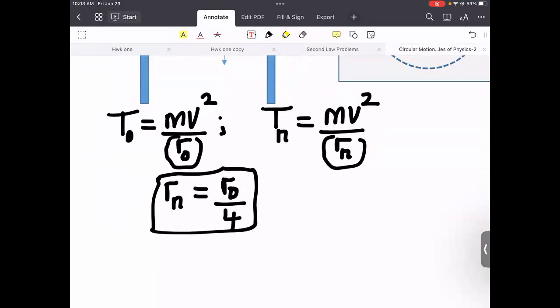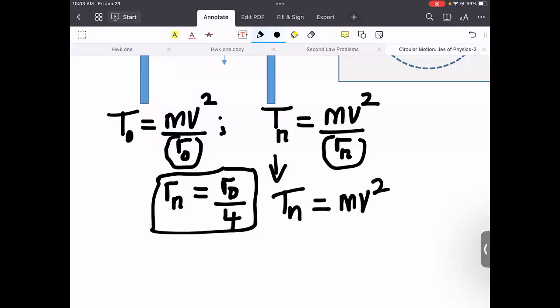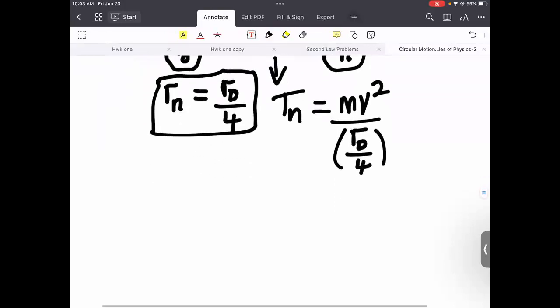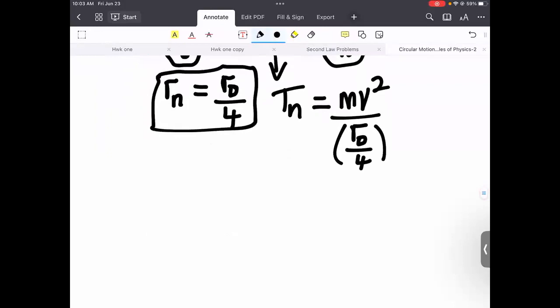So for that reason, we are going to rewrite this equation. The new tension will be mv squared over the original radius divided by 4. So like that. All right, so that means we can say the new tension will be mv squared divided by R0 over 4.